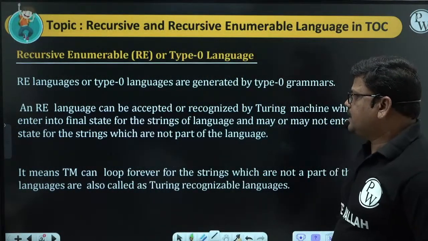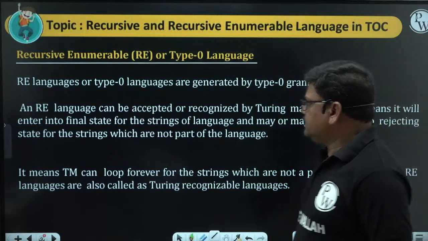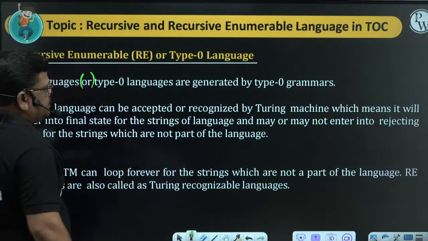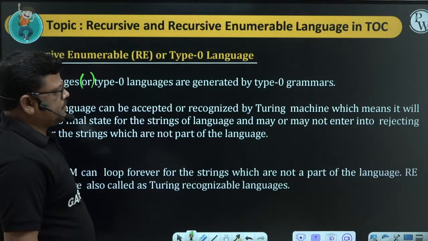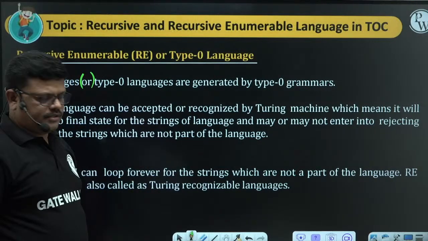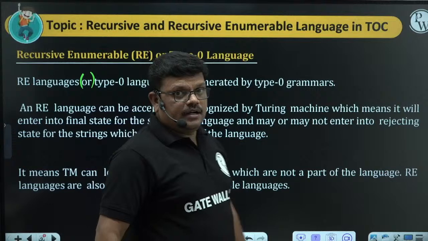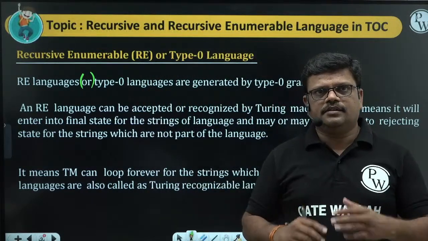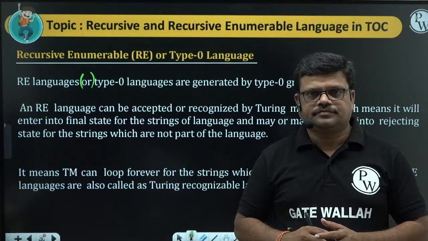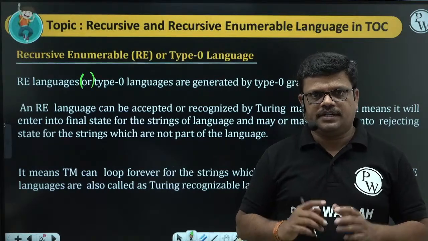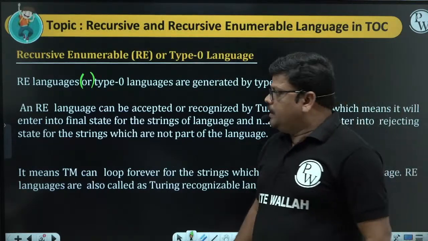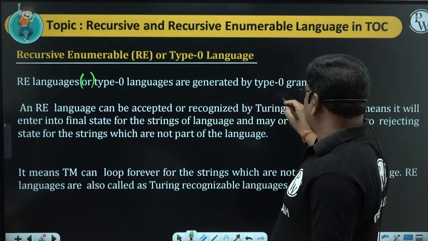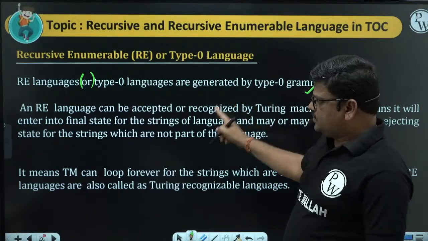Recursive enumerable languages are also called type 0 languages, generated by type 0 grammars. Anyhow, corresponding grammars also exist here. We have studied unrestricted grammars; those are the grammars for recursive enumerable languages. So this is our main definition.